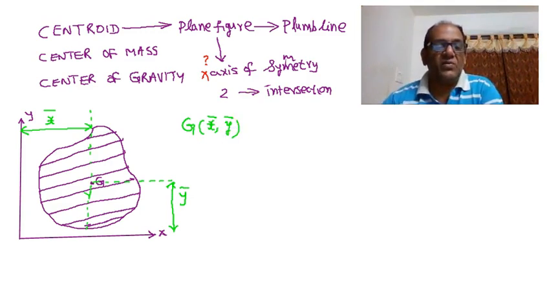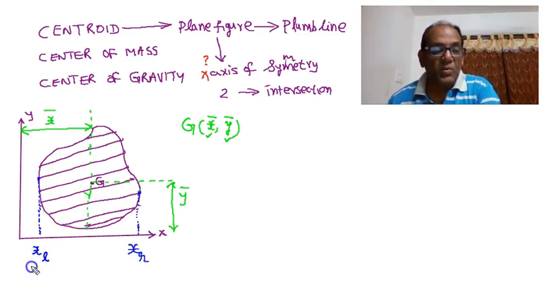Keeping this in view, we'll try to propose the mathematical framework for computing the values of x bar and y bar. This we will do by first identifying what is the leftmost point on the boundary, what is the rightmost point on the boundary.